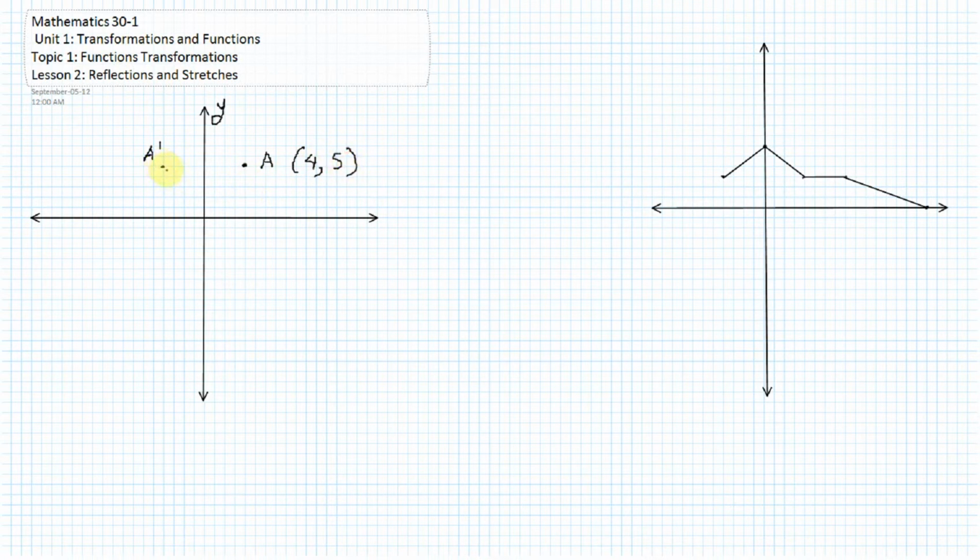And if we look at our reflected point A prime, that's -4, but our y component has stayed the same. We haven't moved this point up or down, we've moved it left and right. And conversely, when we're reflecting about the x-axis, the x component remains the same, and it's the y component that changes.